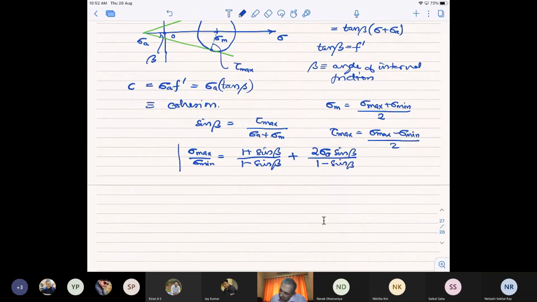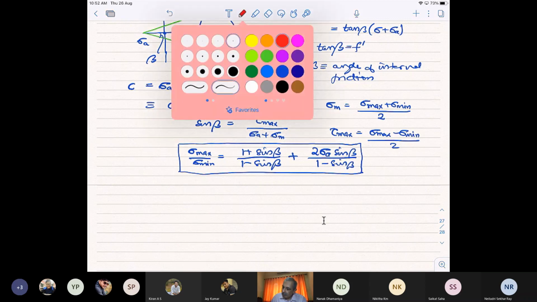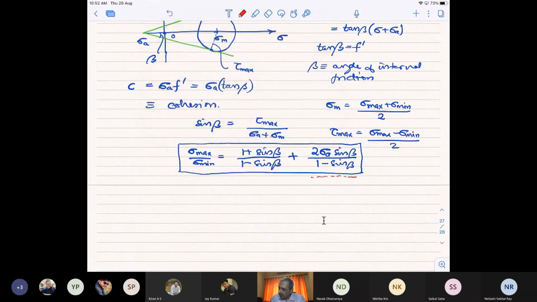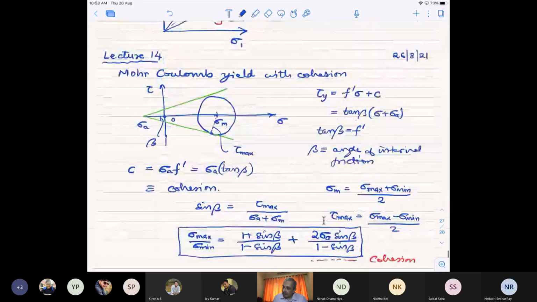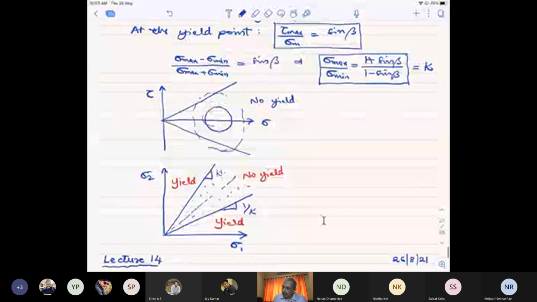So you essentially get a similar thing as before. So you will get an additional term here. So this term is due to cohesion. And you can see that if cohesion is 0, that is if sigma a is 0, then you get back our old expression which we had derived here.